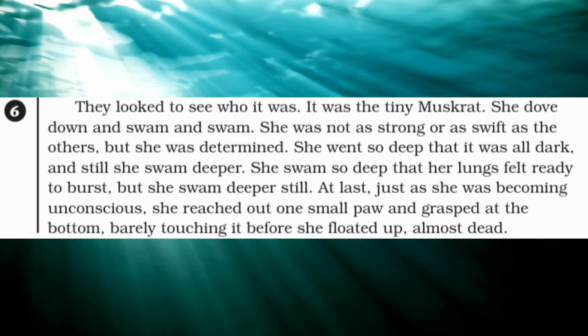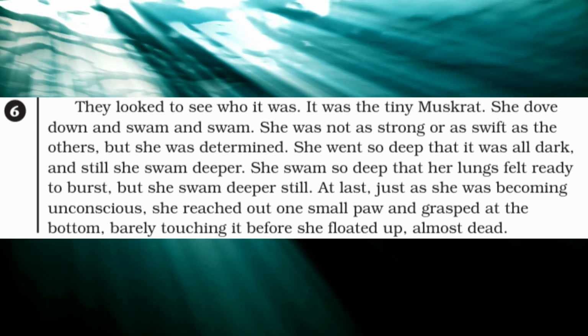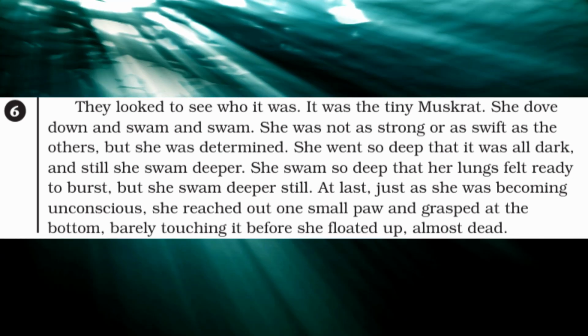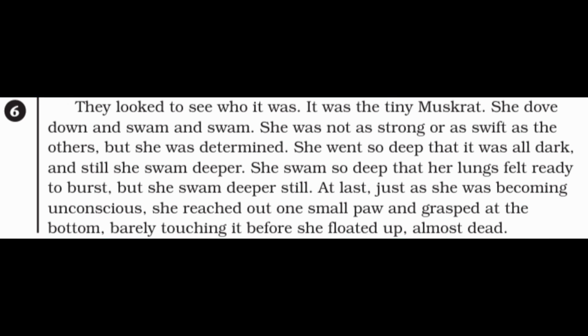She was so deep that it was all dark, and still she swam deeper. She swam so deep that her lungs felt ready to burst. At last, just as she was becoming unconscious, she reached out one small paw and grasped at the bottom, barely touching it before she floated up, almost dead.